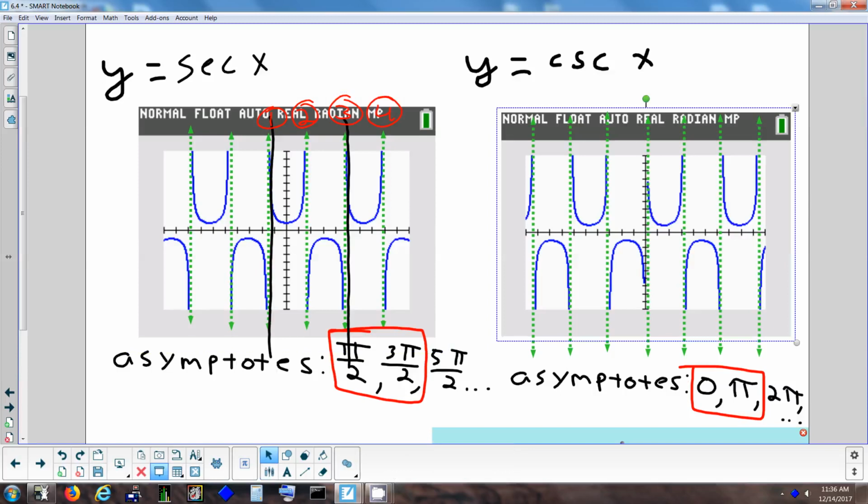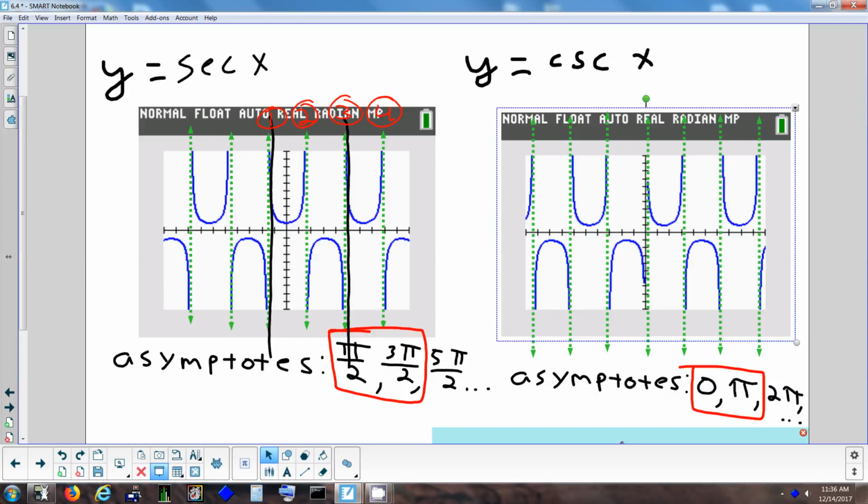Okay, so some similarities with tangent and cotangent. You have asymptotes. You have a repeating pattern of U shapes and N shapes, 1 U shape and 1 N shape per section. And the asymptotes occur with the same frequency as they did before, every other multiple of 90. It's just you have to figure out where the starting one is.